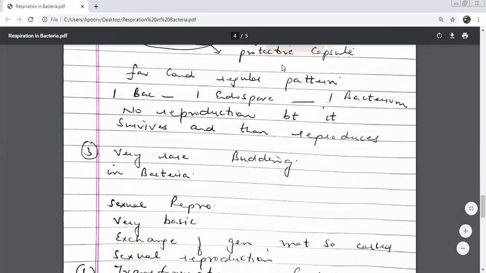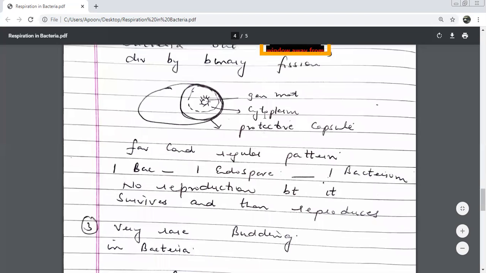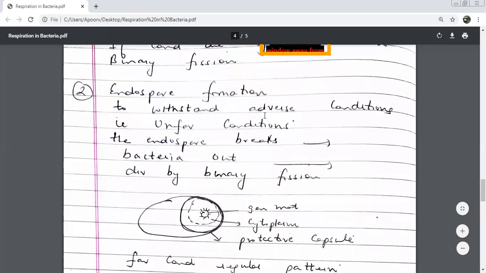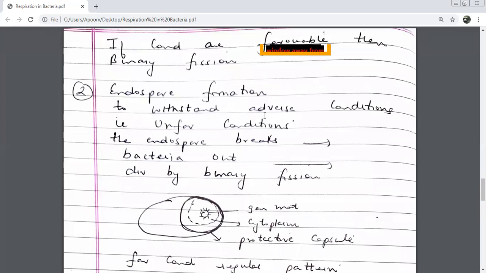But after this bacterium comes out, it will again go for what? There is no reproduction in endospore formation, but because it survives and then reproduces by binary fission, we study it as a mode of reproduction. Which one? What is the second step? Endospore formation.